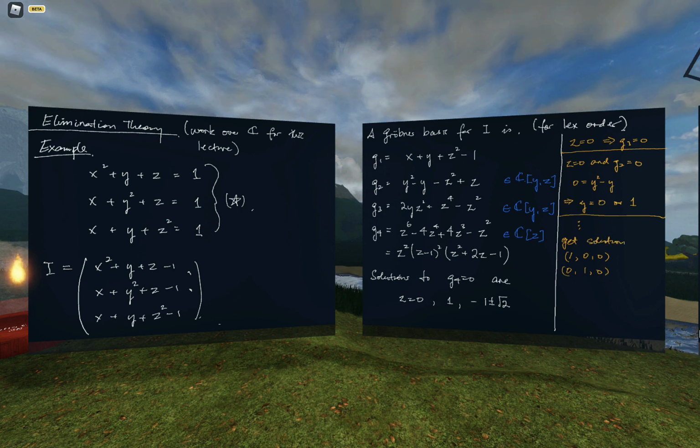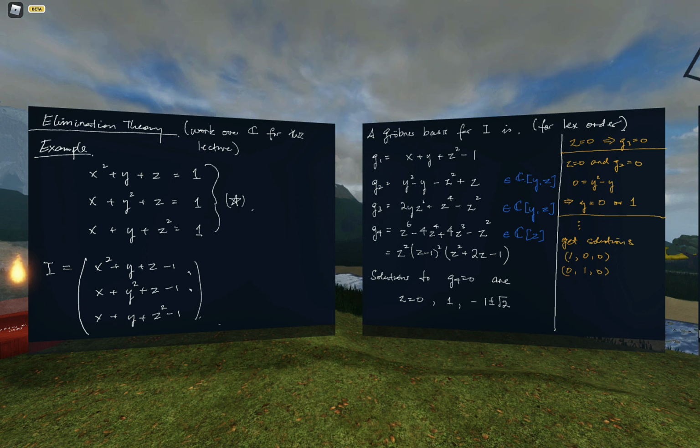So these are solutions to all of the equations. z is 0, y is either 0 or 1, and for each of these we'll work out x. Well, x is either 1 or 0 for those cases. So we've got 2 solutions. Let's work out the rest. There's one more here.